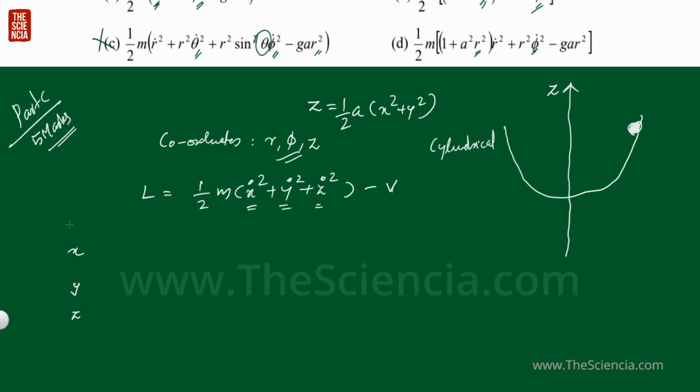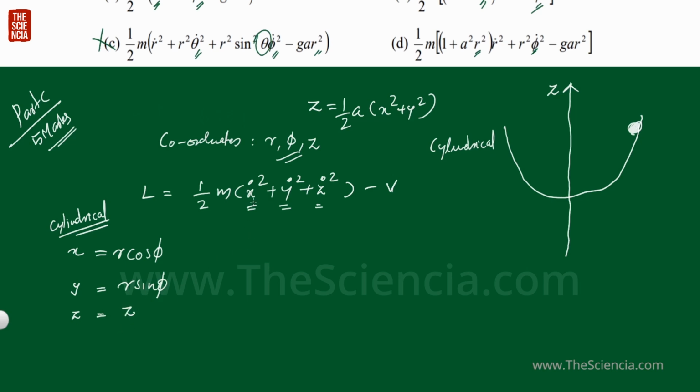What are the values of x, y, z in the cylindrical coordinate system? Yes, I already told you all these answers. Are you remembering? The x will be equal to, in cylindrical coordinates, r cos phi, and y will be equal to r sin phi, and z will be equal to z itself.